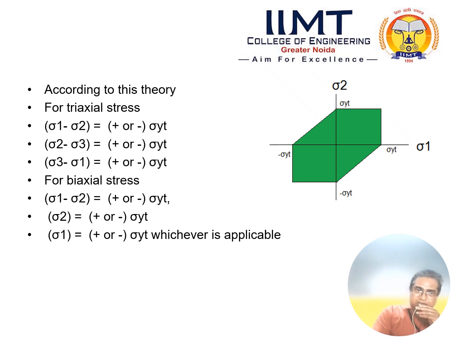We compare it with the standard specimen test on the UTM machine, and use that equation for making our component or for the selection of the material for that particular application.